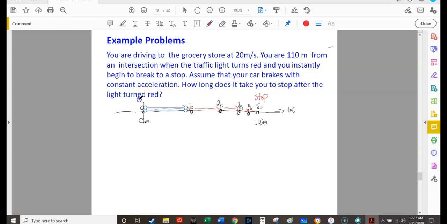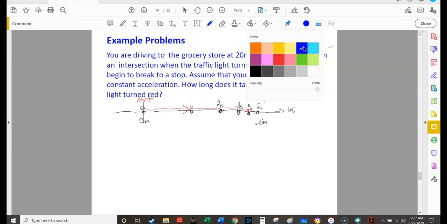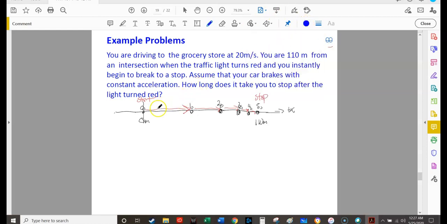So that's what I'm guessing our vectors are doing. What this is telling me is that our velocity vectors are going to be positive, but since they're getting smaller over time, we're going to have negative acceleration vectors associated with those at each and every point, and they're going to be the same size acceleration vectors at each one of these points.